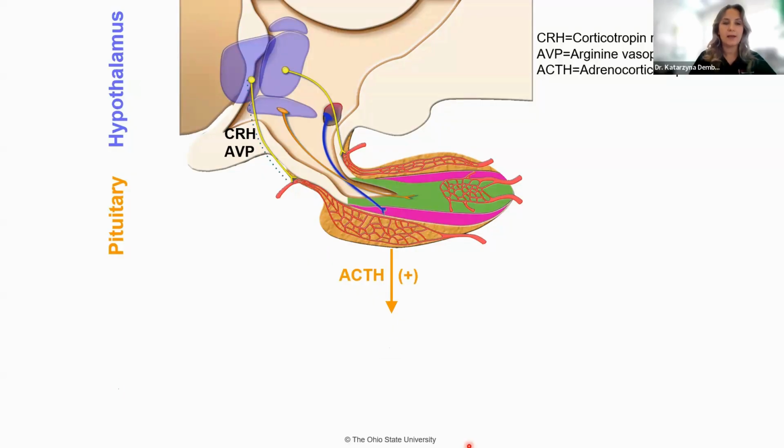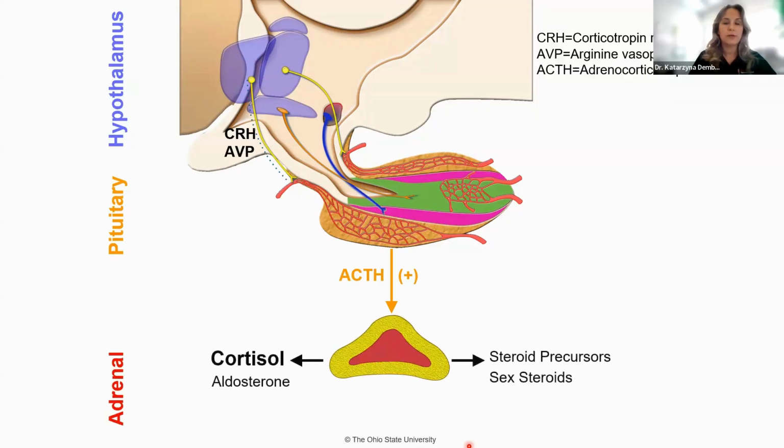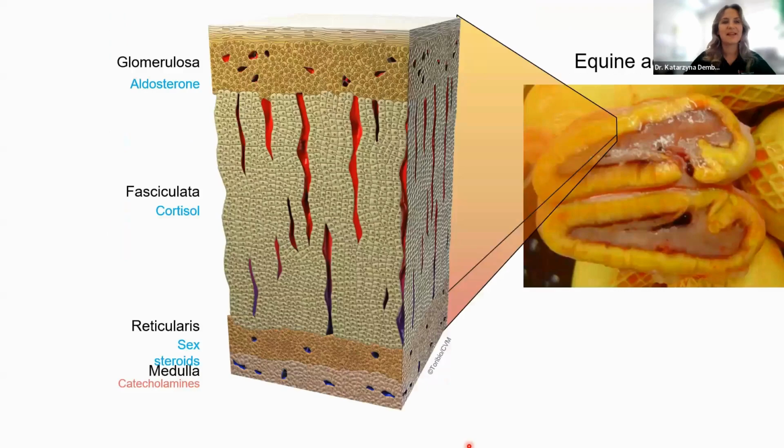ACTH then acts on the adrenal cortex to induce synthesis and release of cortisol, which is a glucocorticoid and the main stress hormone, but it also produces other steroids, aldosterone and steroid precursors, and sex steroids.